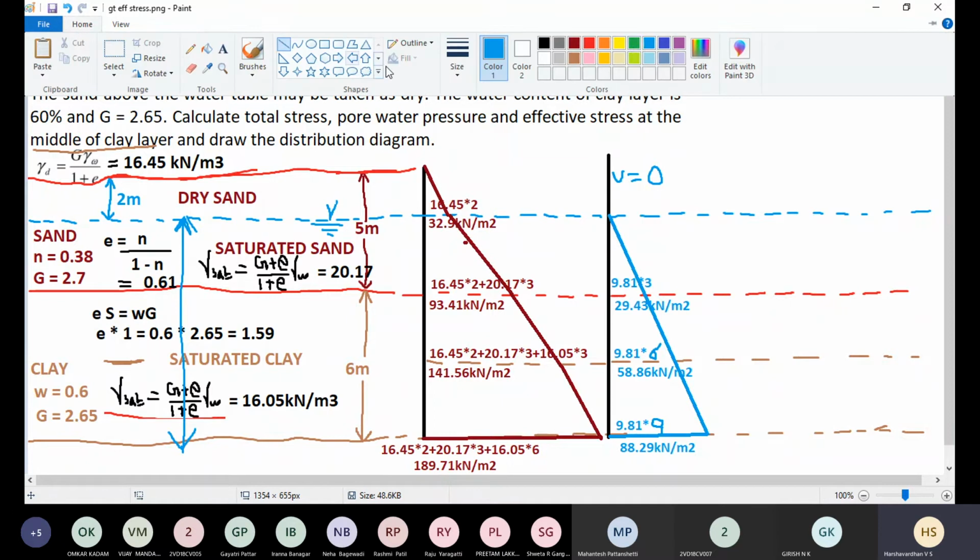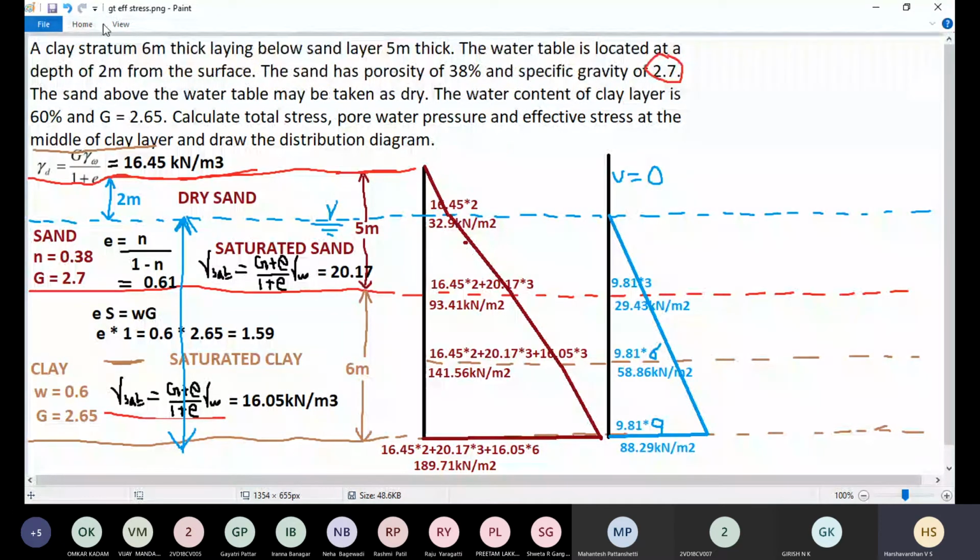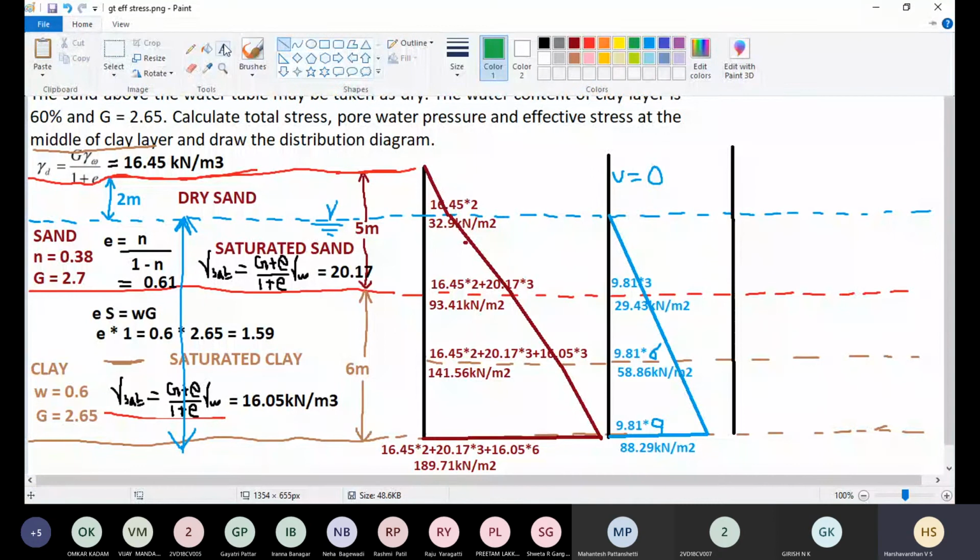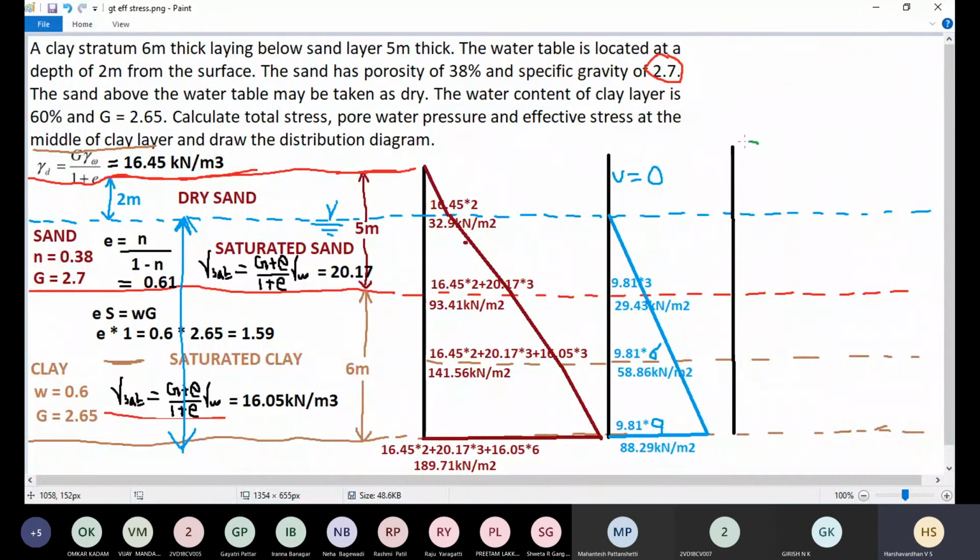Next, we'll go to effective stress. I'll draw the reference axis. Here, effective stress will be 0 because total stress is 0 and pore pressure is also 0.